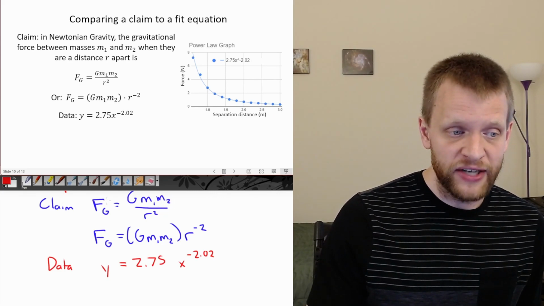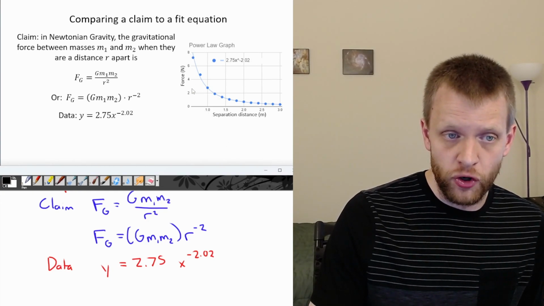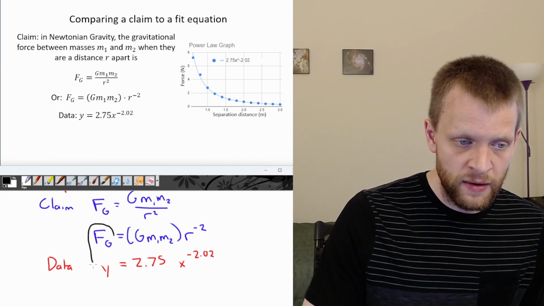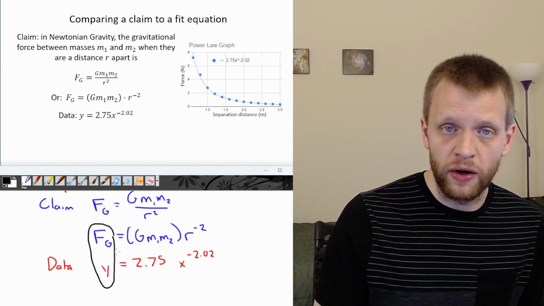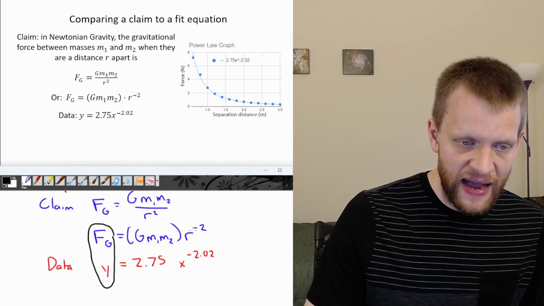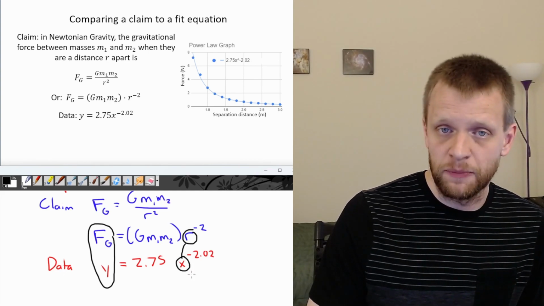Well, how do we match up these terms? Let's look at what we put on the vertical axis. On the vertical axis, I put the force. On the horizontal axis, we have our separation distance. So those match up with each other.